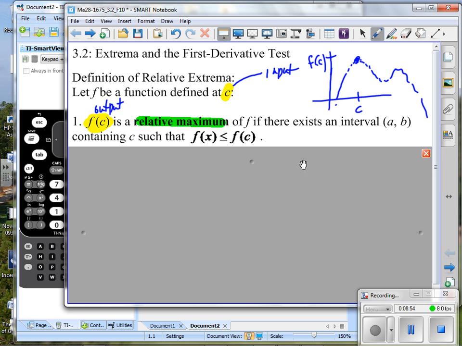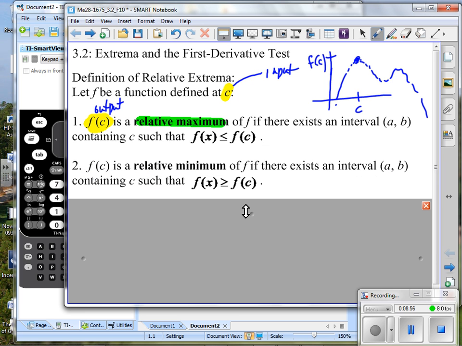So this point here is greater than or equal to any other point of the function in that interval. It's a relative minimum if that point, f of C, is less than or equal to any other point in that. So we would have a situation where maybe we'll call this C1, C2 actually. This point right here in the interval, its output is less than any other output nearby it.